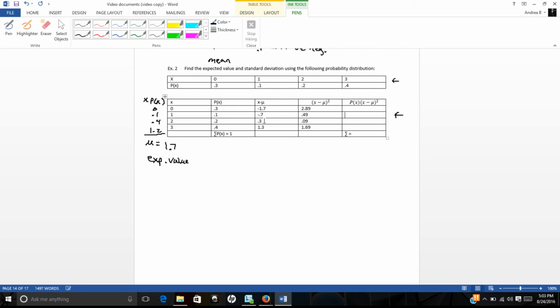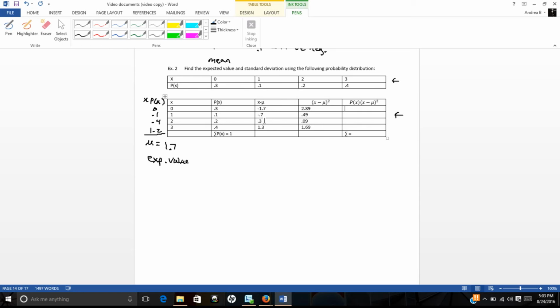And then for the last column, we need to take those answers we just got in the last column times the probabilities. It's similar to how we found our standard deviation before, when using the class width and classes. But now instead of dividing by the total, we multiply by our probabilities.